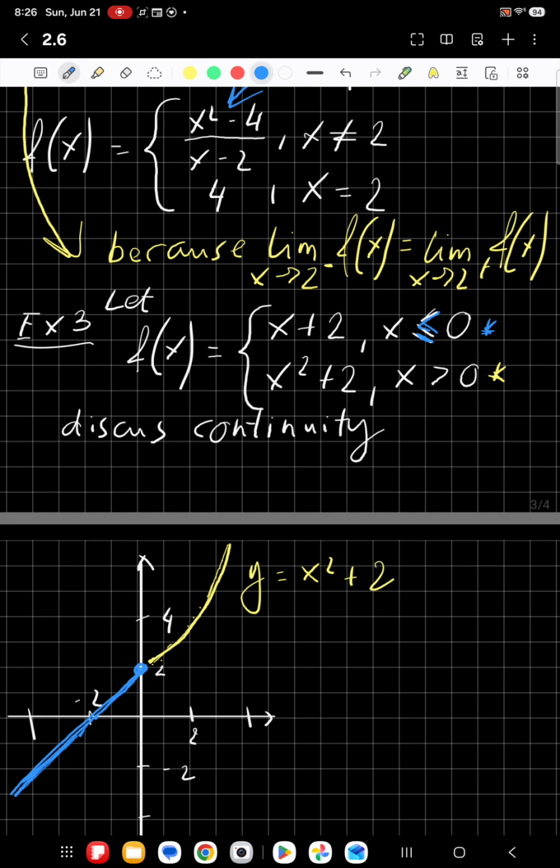And here, the blue one is y equals x plus 2. Okay, so yeah, what is the conclusion? The conclusion is the function is continuous. F is continuous.